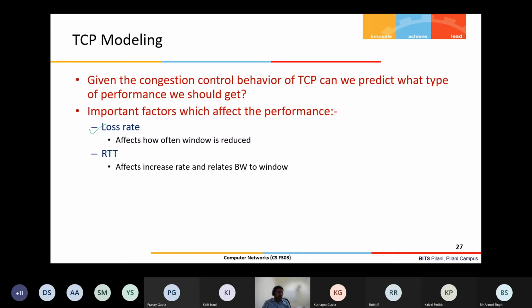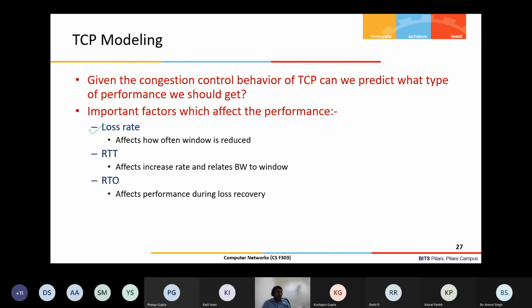Second, the RTT also matters. It affects the increase rate and relates the bandwidth to the window. Suppose your connection RTT is less, then your increase rate will be more, because you send one packet and get the acknowledgement, so you quickly send two packets in the next round. So if your RTT is less, the throughput is basically inversely proportional to the RTT. The more the RTT, the less the throughput, right?